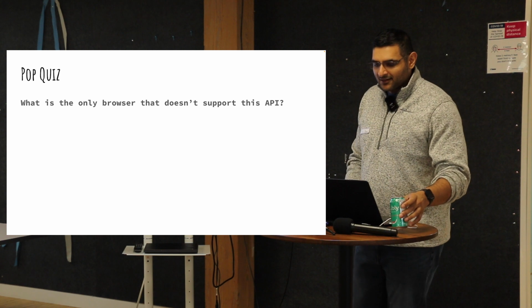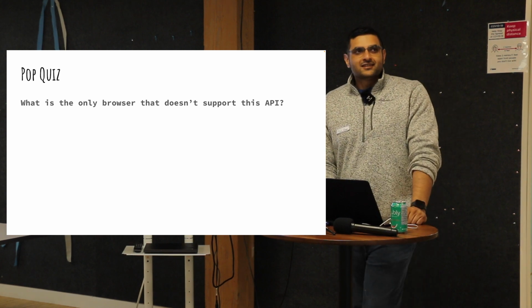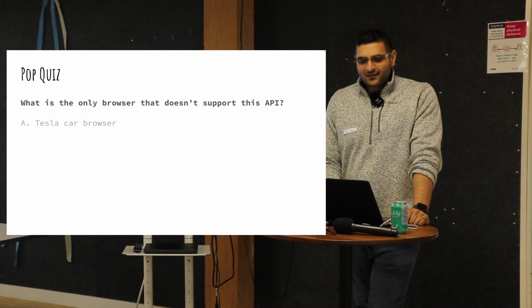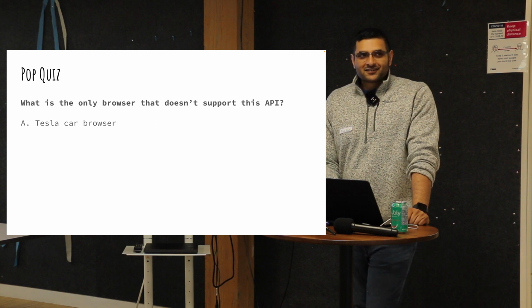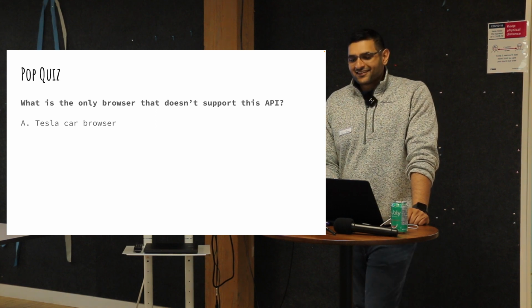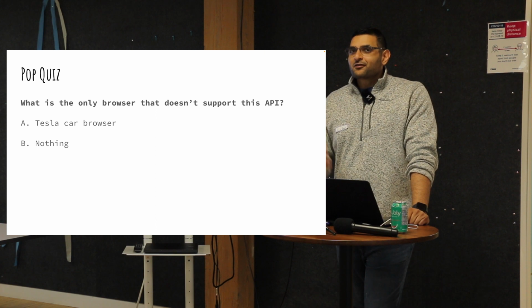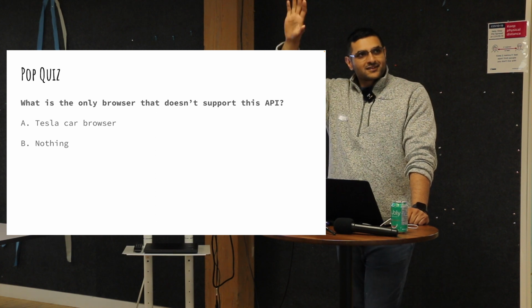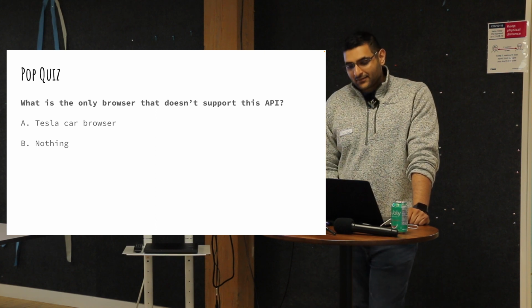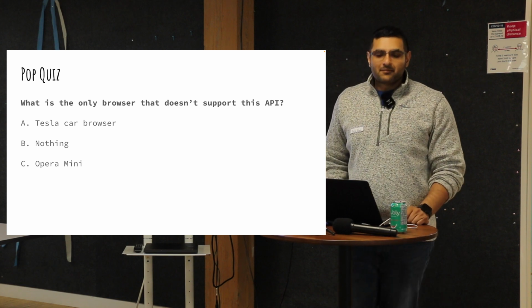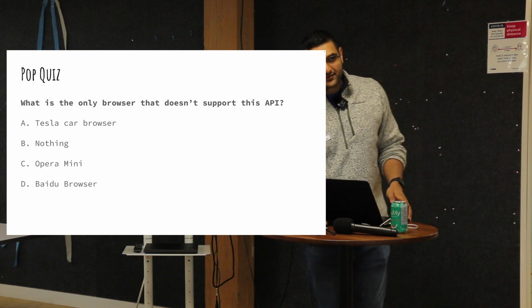But now we have a pop quiz. What is the only browser that doesn't support this API? Is it the Tesla car browser, which is actually a fork of Android? The console in Tesla is actually a fork of Android. B, nothing. C is Opera Mini, or D, the Baidu browser.